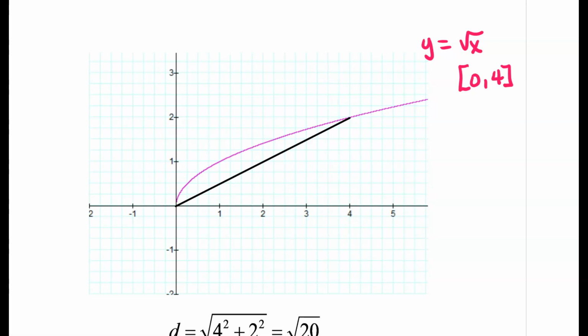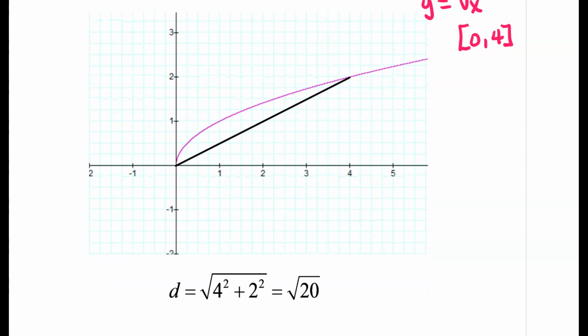And you can see because of the way you have a curvature over the top of this line segment that we could do the Pythagorean theorem here to get the length of the line. This is 4 and this is 2, and that's why I came up with this to be square root of 20.